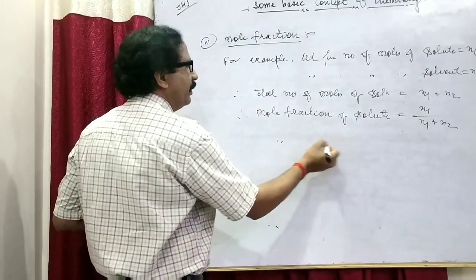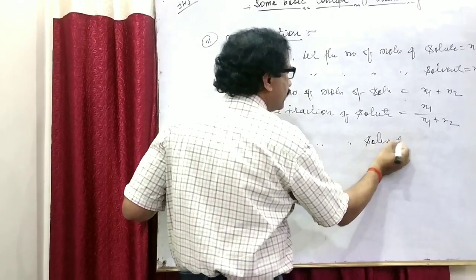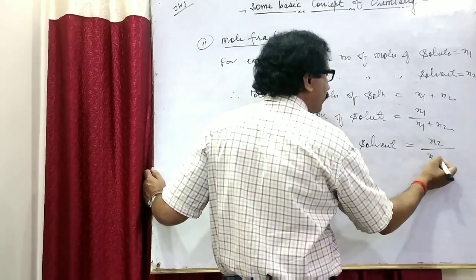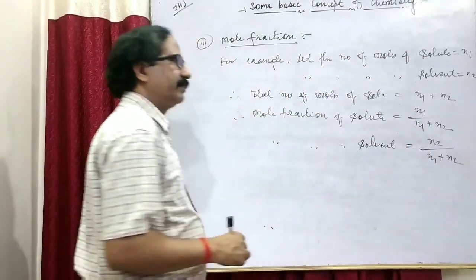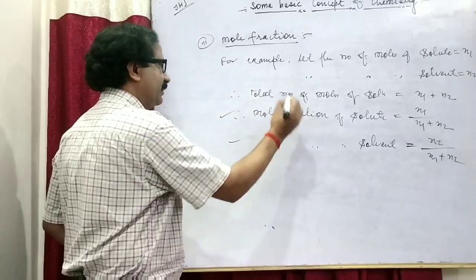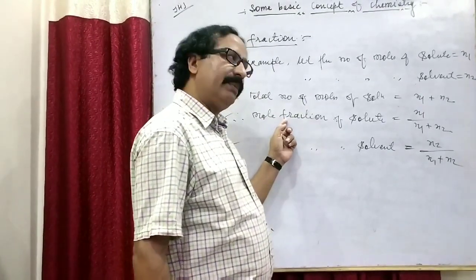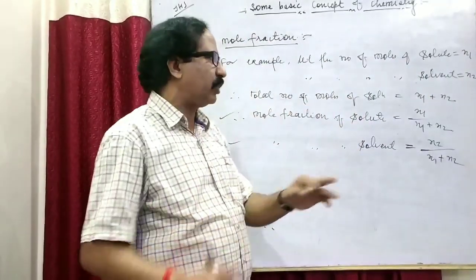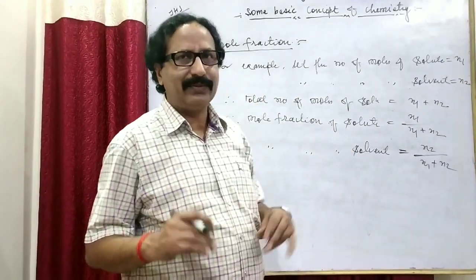And in the same way, mole fraction of solvent equals number of moles of solvent, N2, whole upon N1 plus N2. This is very effective. If the number of moles of solute and solvent both are given, then the total number of moles of solution must be N1 plus N2, because both components are present in solution.